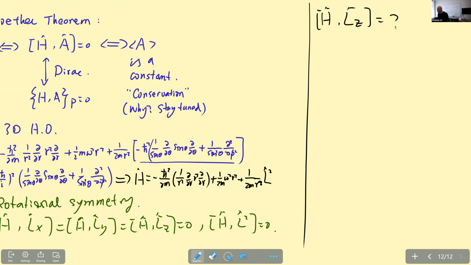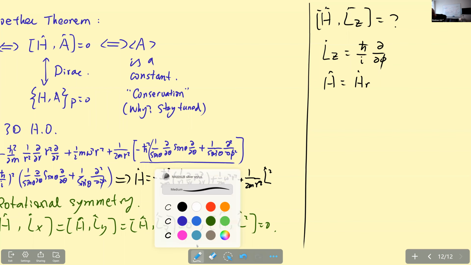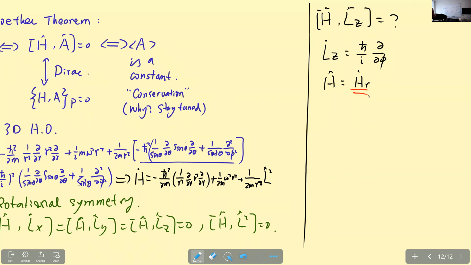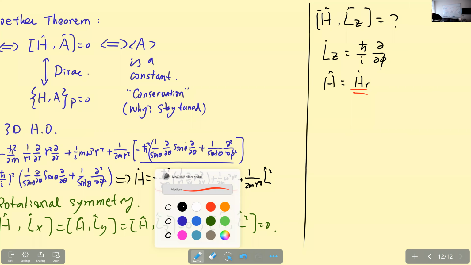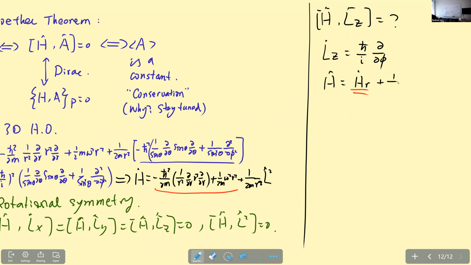Okay, and this is the simplest one. The reason is that Lz is just simply h bar over i times partial phi, right? Now you can check that the Hamiltonian has a part that contains only R. Okay, so we say that this part is just this part, and then you add one more term, that is 1 over 2m r squared L squared, right?